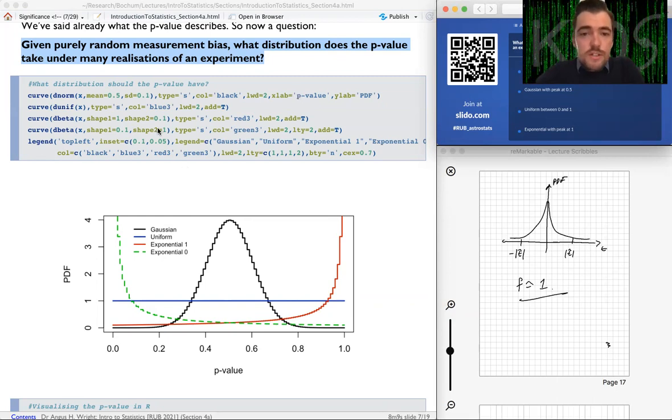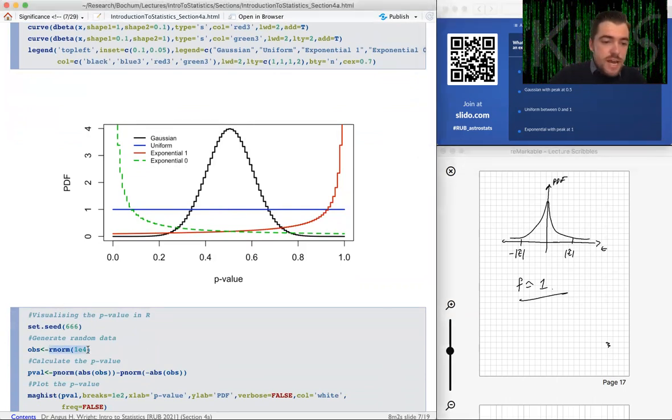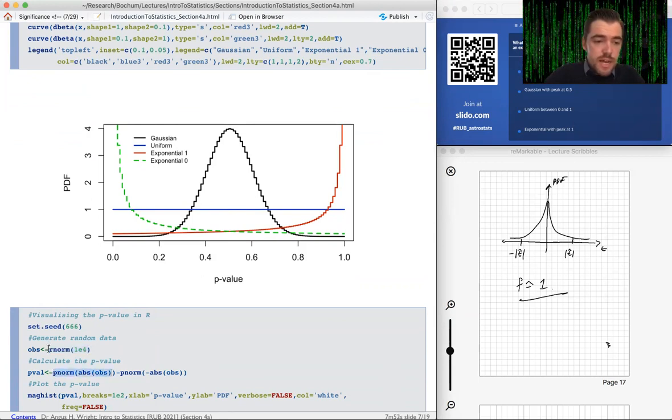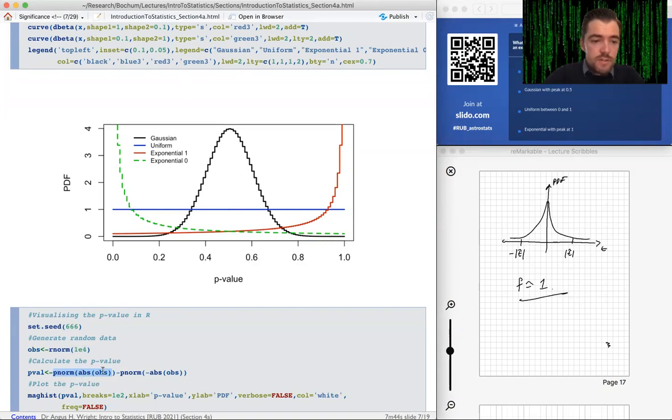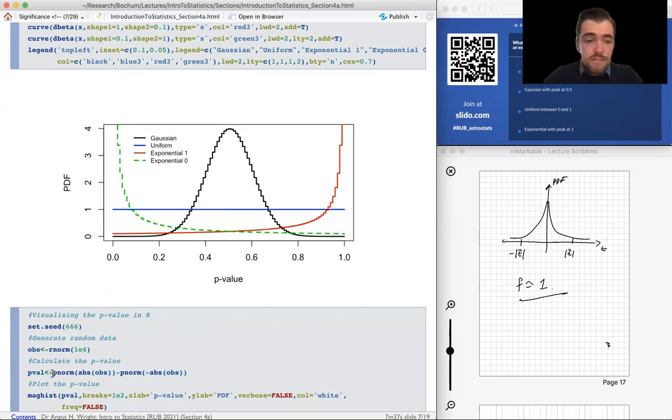Okay, so we can do this test really simply. We can generate random Gaussian data, and we can calculate the p-value, which, because the standard deviation of this thing is 1, is just the integral of the Gaussian PDF from minus the absolute value of each observed data point to the absolute value of the data point.